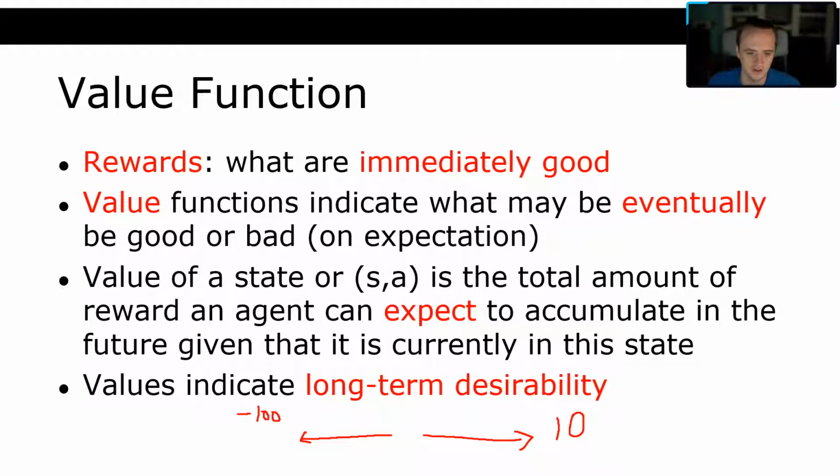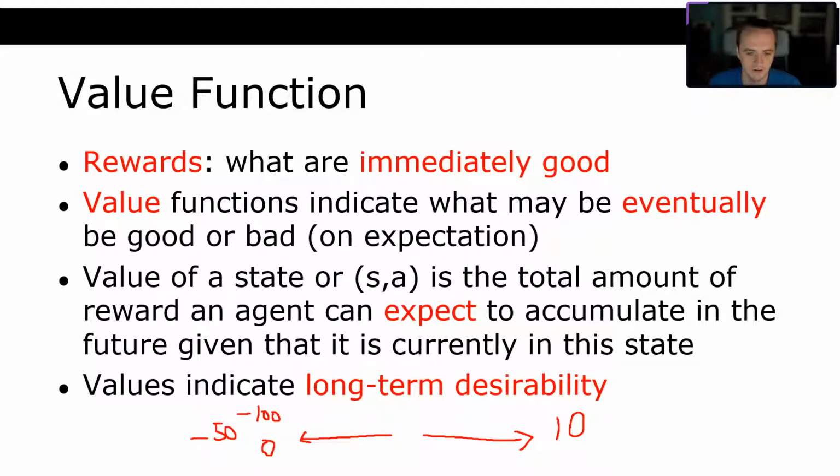And 50% of the time, I will get 0 reward. Okay? So what is the expected value of going left from this state? If 50% of the time I get negative 100, 50% of the time I get 0, expected value is basically the average. So the expected value here would be negative 50.